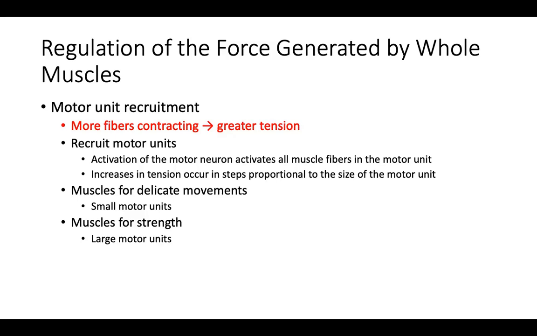They've got bigger diameters. These larger motor units are usually associated with muscles that are being used for strength. So think about the quads, think about the hamstrings, think about the gastrocnemius. Those larger, more bulky muscles are usually used for strength and are usually attached to larger motor units.